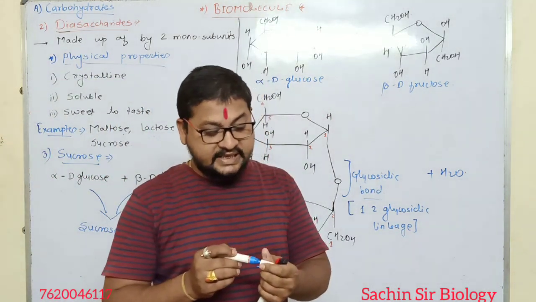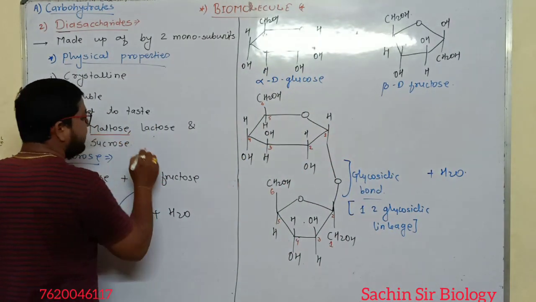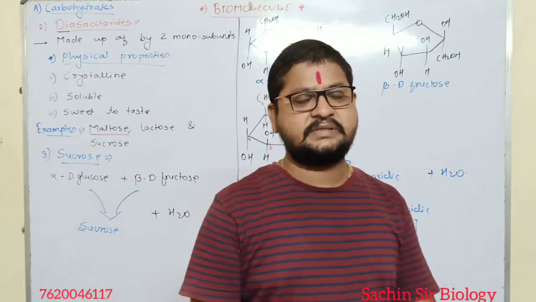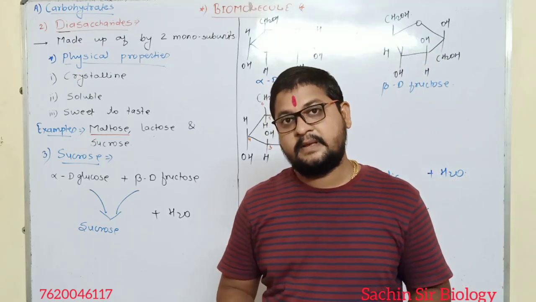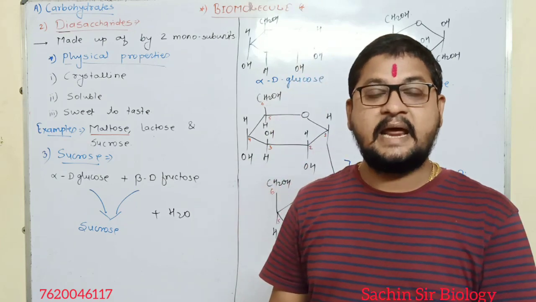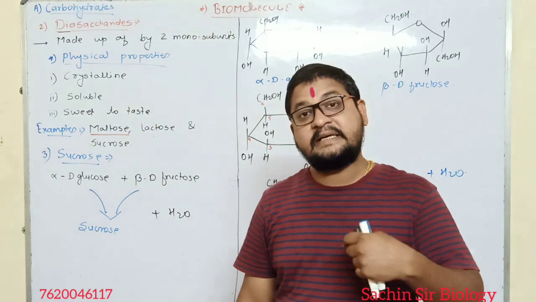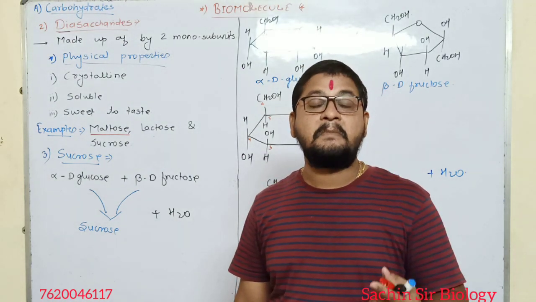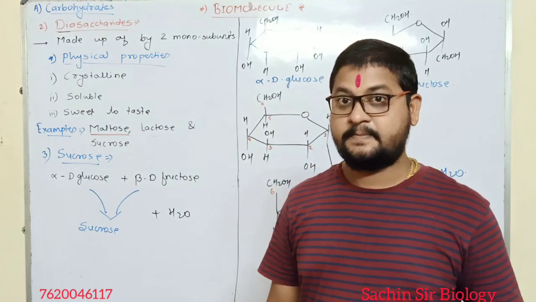Actually, maltose is not that essential in diet. In our regular diet, maltose is not that essential. But whatever is taken in our diet, if maltose is present and enters the digestive system, for the digestion of maltose, maltase enzyme is present in the intestinal juice.